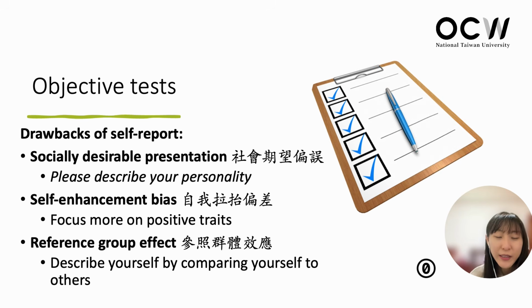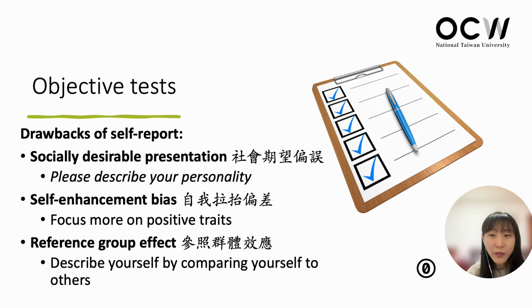Here is a more detailed description of the drawbacks of self-report. The first one is socially desirable presentation. Self-raters may be motivated to present themselves in an overly favorable and socially desirable way, for example, in job applications and interviews. The second one is the self-enhancement bias.